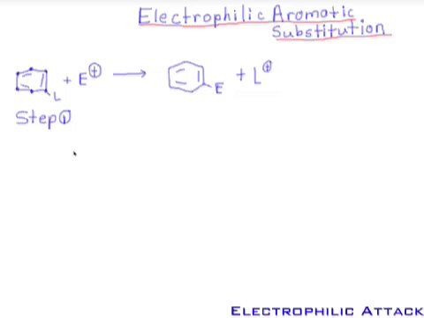The electrophile attacks the pi bond and attaches to the ring. So benzene has H's here, and our electrophile attacks. This is usually the slow step of the reaction because you are producing a carbocation.